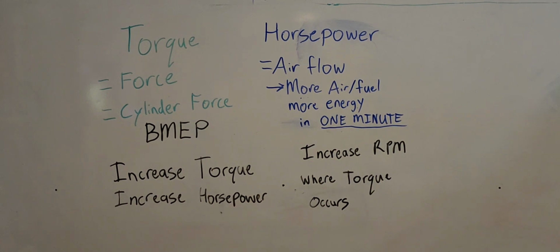Now, focusing on horsepower alone, we don't increase the torque, we just increase the RPM at which torque occurs. This ultimately leads us to increasing horsepower, because we are increasing the airflow through the engine, since the torque is occurring at a higher RPM.